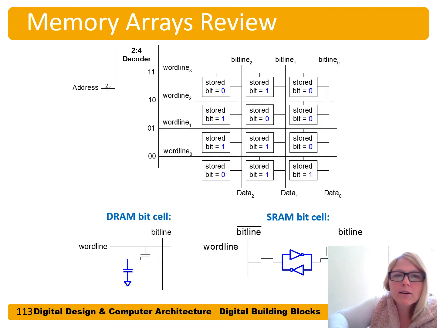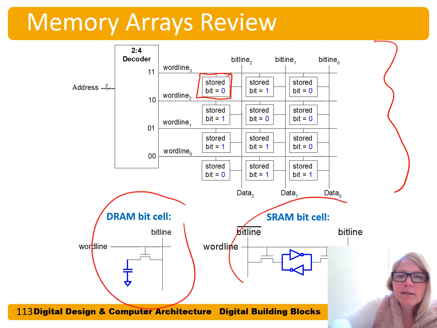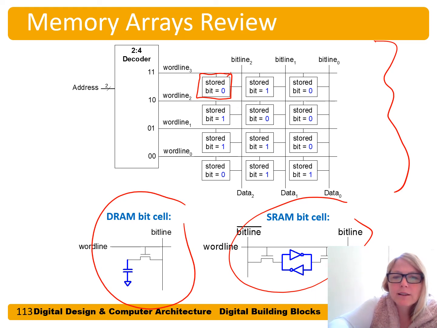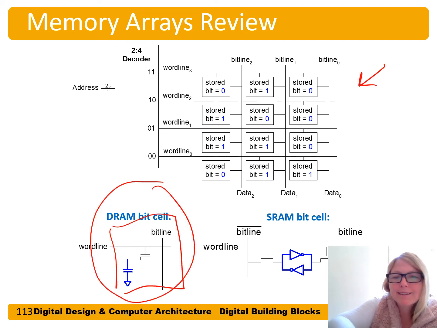So here's our memory array again, and now we know what's in this box for DRAM and SRAM. If you were asked to draw a picture of an array of DRAM, I would recommend drawing this and then drawing this once and saying, hey, this is what's in that box, to make it faster.